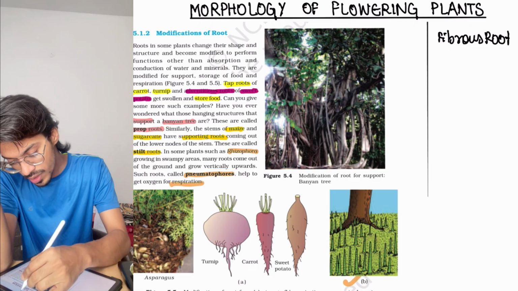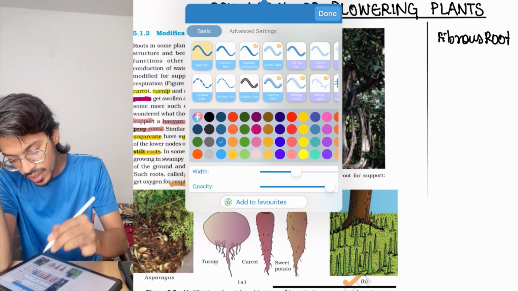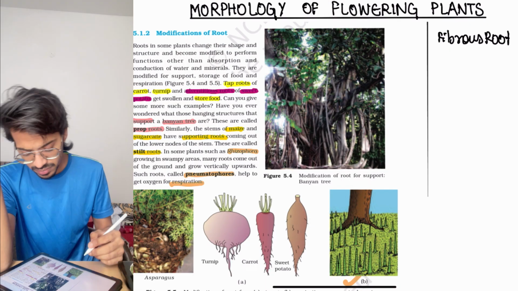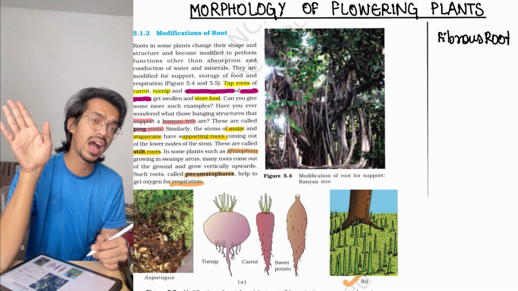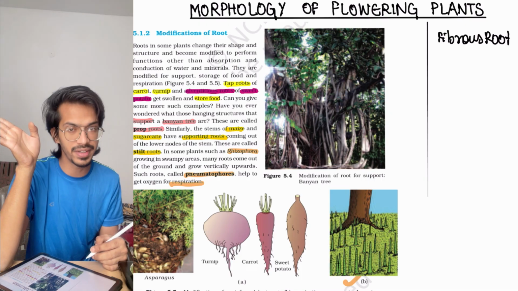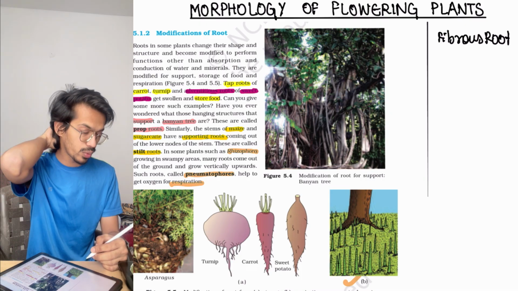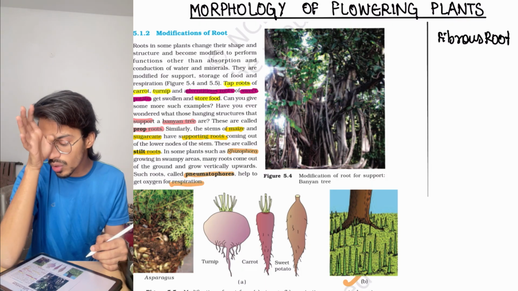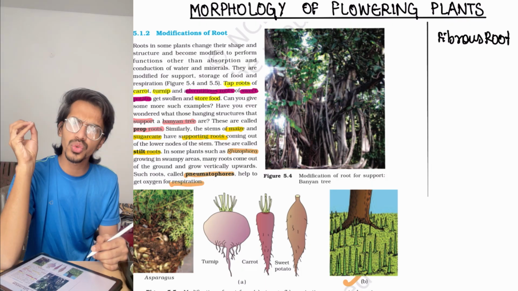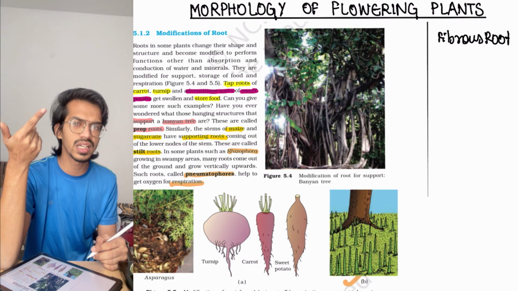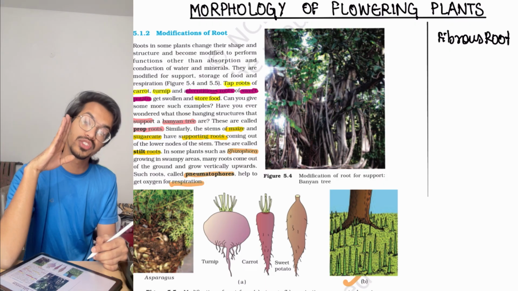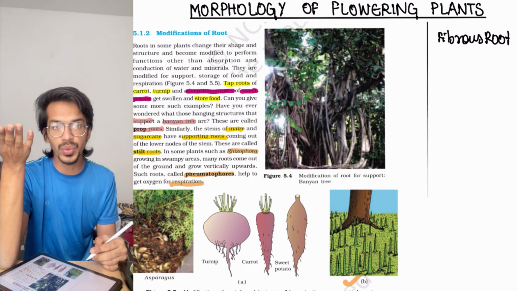Now you will remember one thing for sure: roots could be either taproot or adventitious root. If it is a taproot, the modification could be for storage, like carrot, turnip. But if it is storage in the adventitious root, then it is sweet potato.